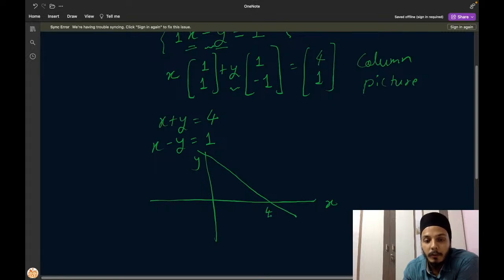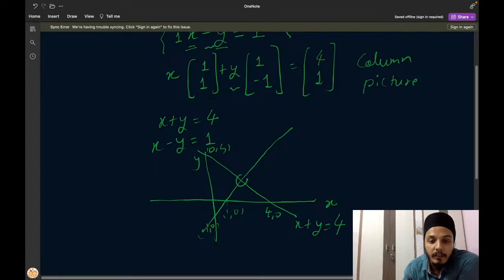This will be 4 comma 0 and this will be 0 comma 4. So this is our line x plus y equals 4. Now our second line will cross at 1 comma 0 and minus 1 comma 0. So this line will go like this.